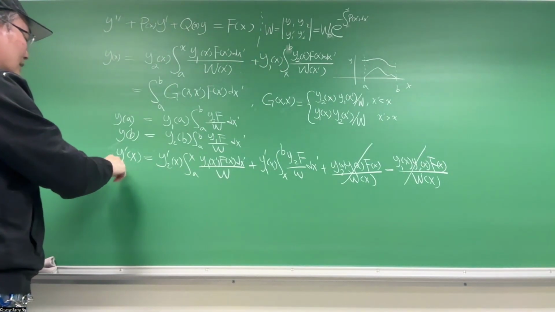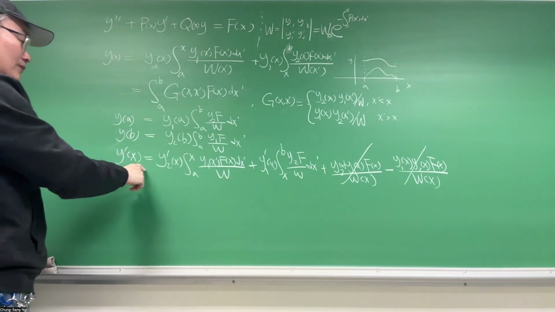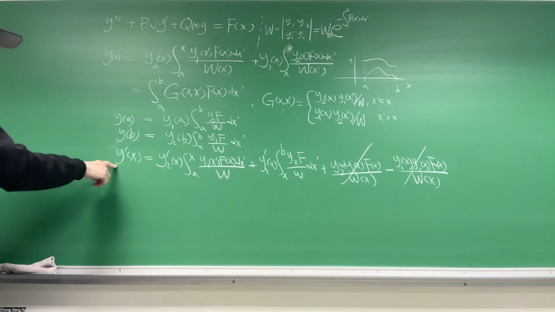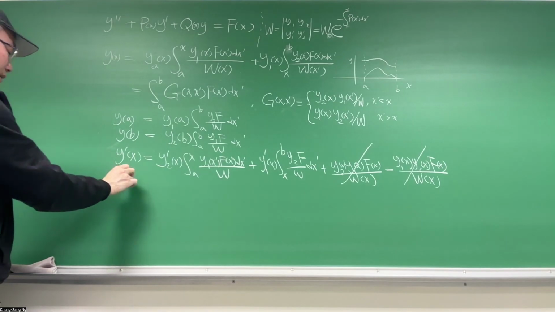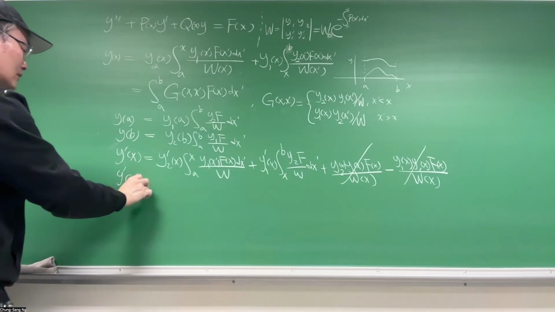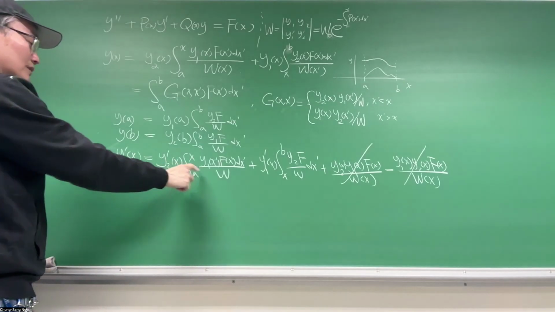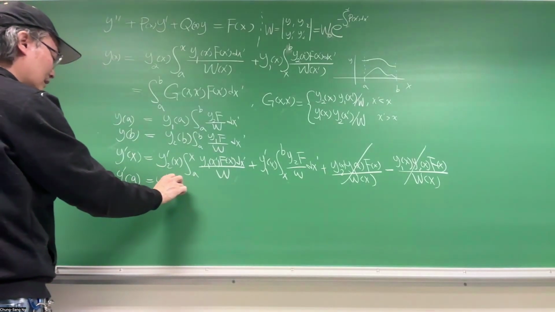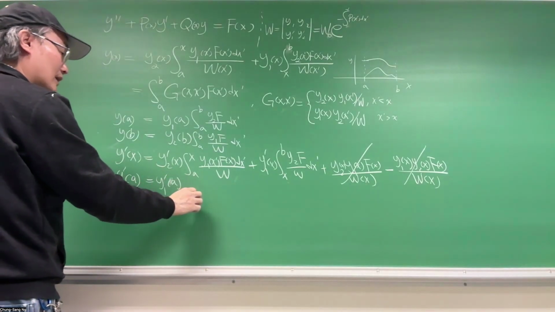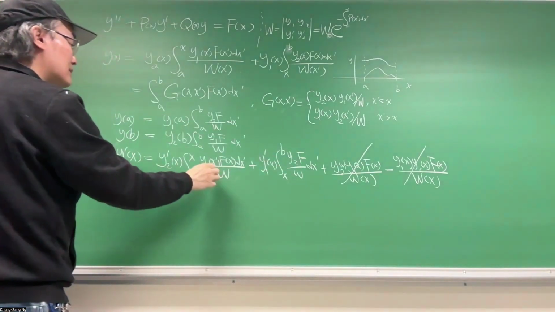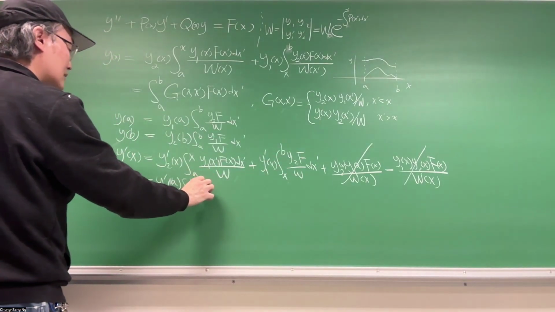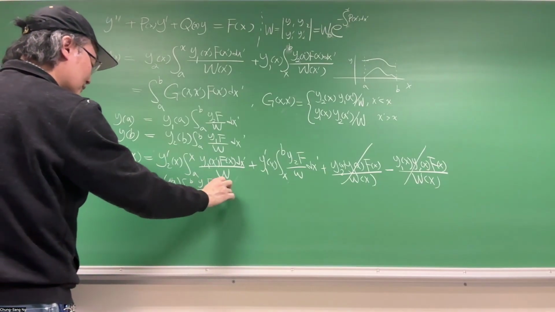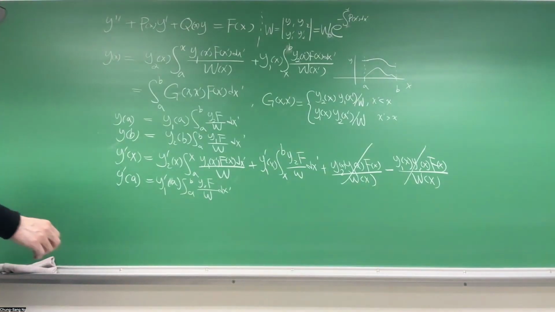So again, you have the same situation as the other two equations here. So y prime at a will be, this term will be 0, this term, y1 prime of a, and then that integral, a to b, y2, f x, over w, right?